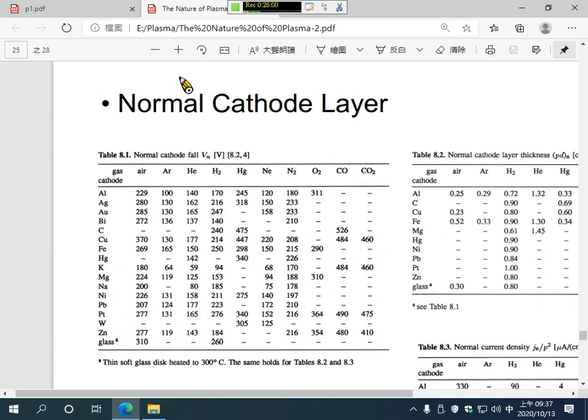Alkali metals are easy to ionize, right? To a positive charge, or to a cation. So it means they can release electrons easily. So the gamma factor for the alkali metals is large. Okay.